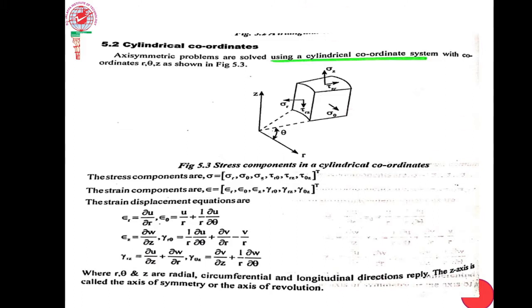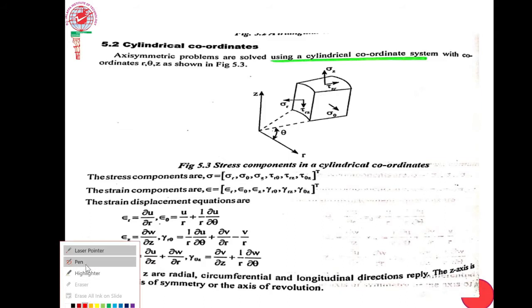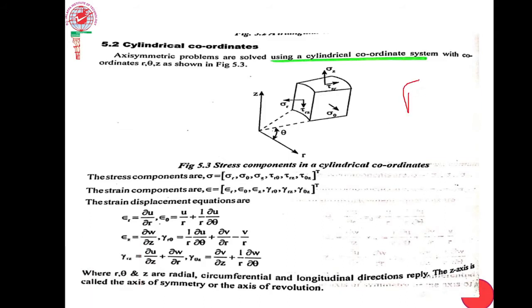One is hoop stress or circumferential stress. One more is longitudinal stress. And one more is radial stress. Got it? Hoop stress, radial stress, and longitudinal stress.